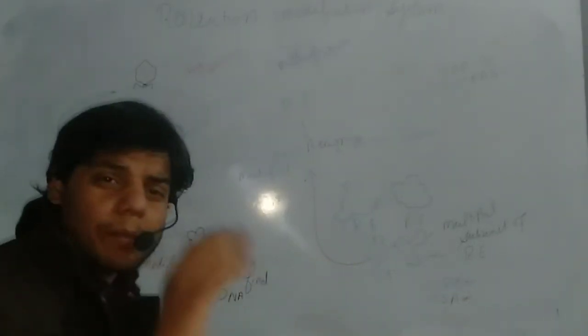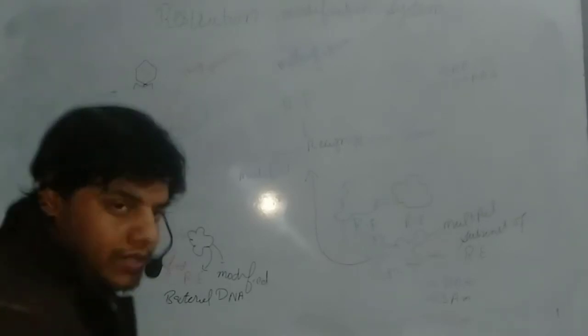We have different kinds of enzymes, let me write here: DAM, we have SAM, and DCM. Now these are the enzymes which usually methylate the DNA sequences.